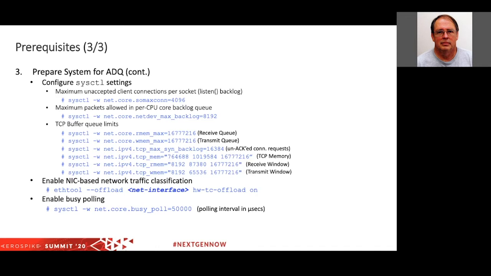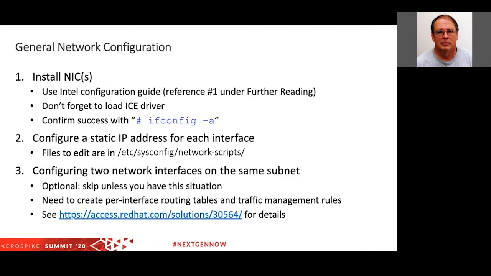Once you've done that, Linux networking has a long history of host-based traffic classification that operates through queuing disciplines. This tool offload basically tells Linux that you are using a network card, the 800 series card, that can handle all the traffic classification by itself. And finally, you do want to enable busy polling.